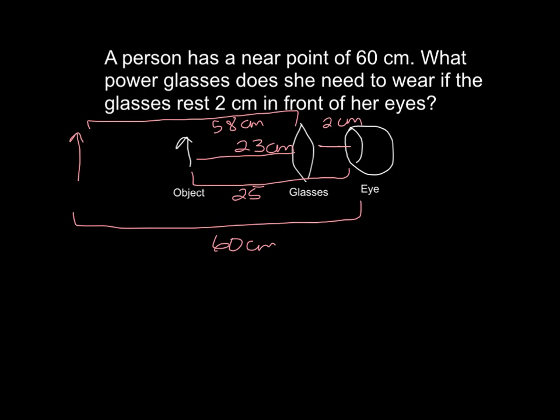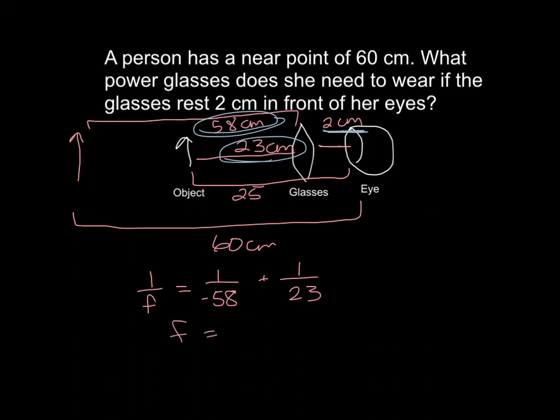All right? So 1 over f, we're going to use these distances here, the 58 centimeters and the 23 centimeters. So basically, we subtracted the distance the glasses were from the eye from our image and our object distance. 1 over f is equal to 1 over, remember it's going to be negative 58 because it's a virtual image, plus 1 over 23.